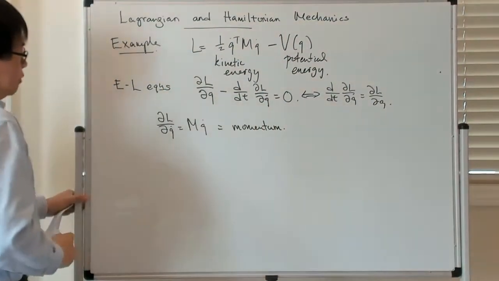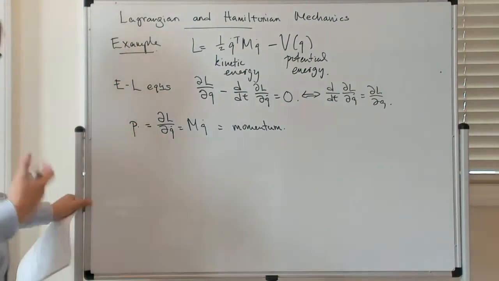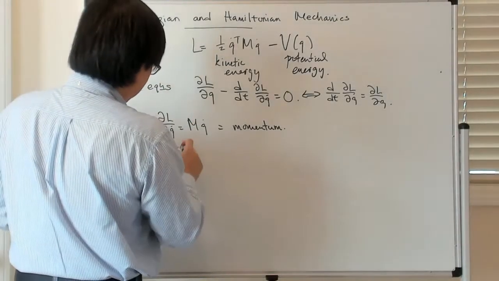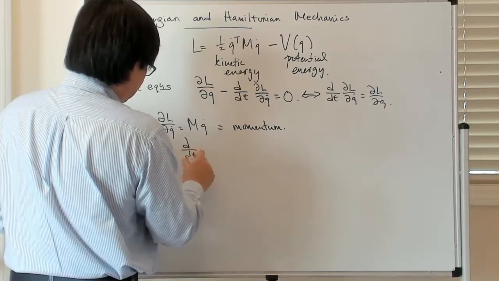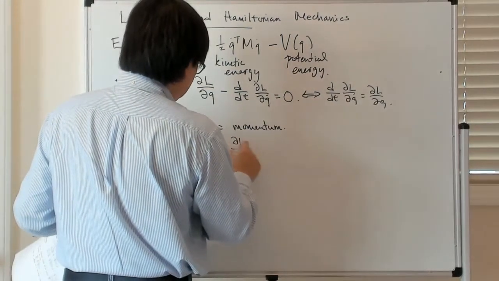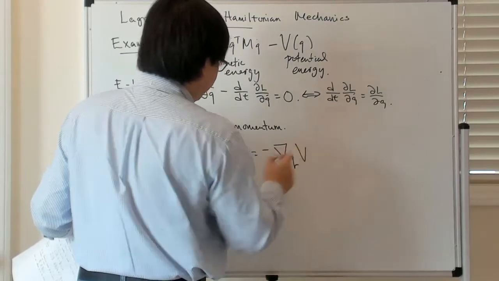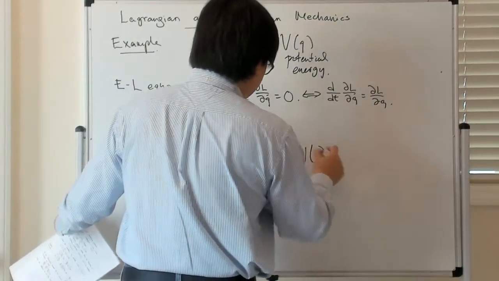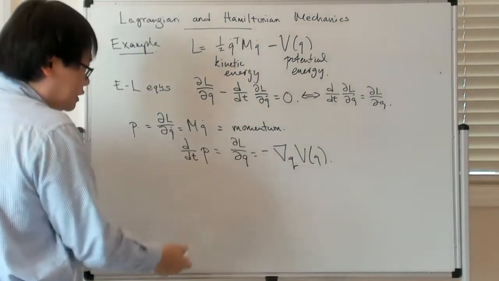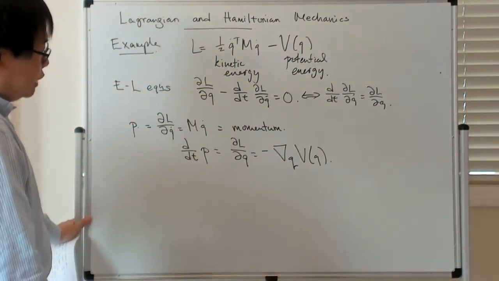We'll see when we talk about Hamiltonian mechanics that this is often denoted as p, the usual notation for the momentum. So this is saying the time rate of change of the momentum is equal to dL/dq, which is minus the gradient with respect to q of the potential function evaluated at q.